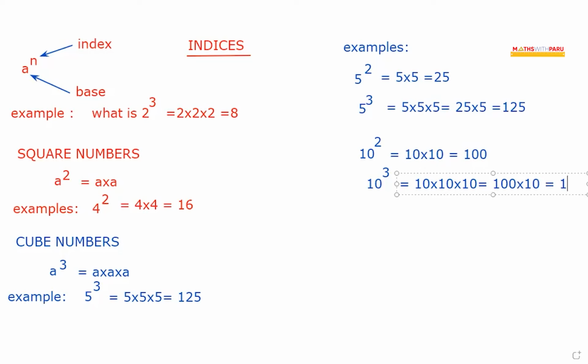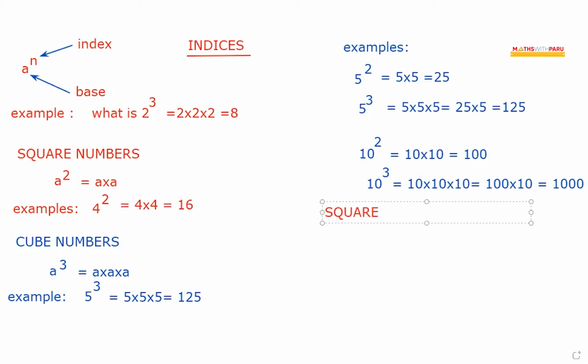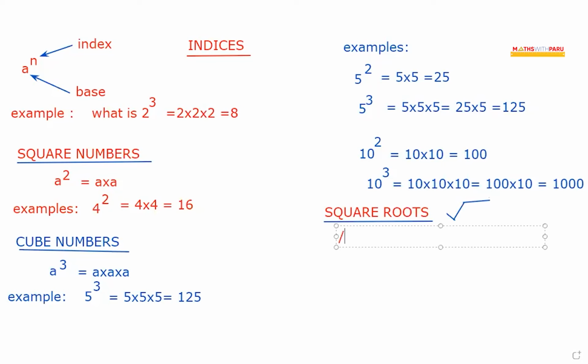My next 2 videos will be about squares and cubes. And I shall be introducing one more thing, which is square roots. What are square roots? The symbol for square roots looks like this. So when I talk about the square root of 100, what do I mean?